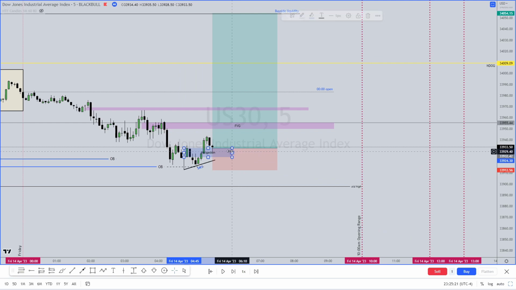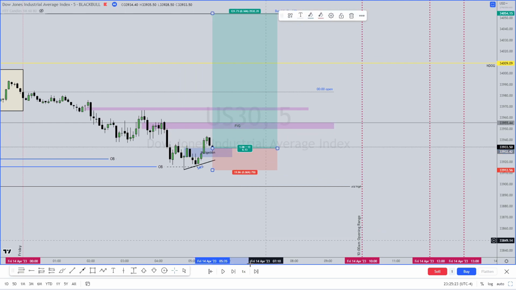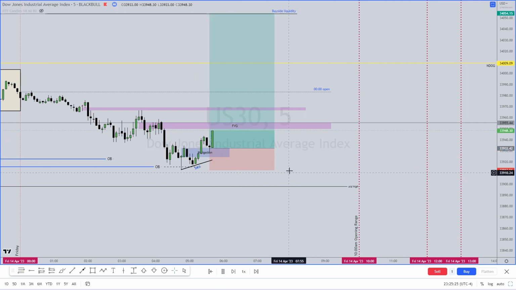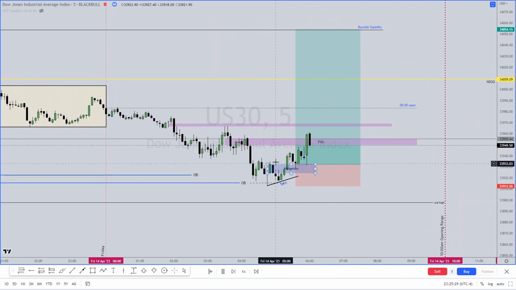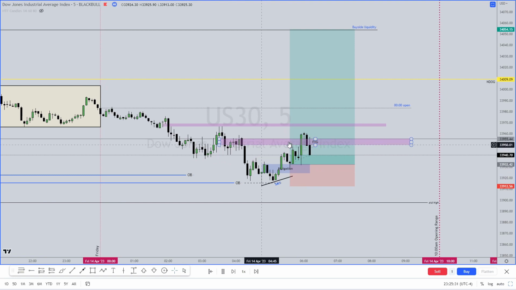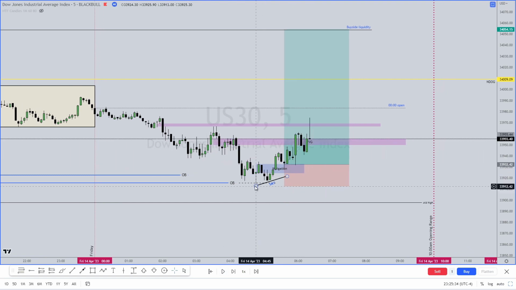So this mitigation block is where we'd enter on price. And we're now watching to see what's the reaction. Are we seeing follow through on this fair value gap or not?